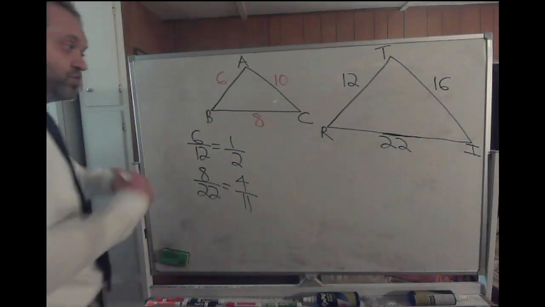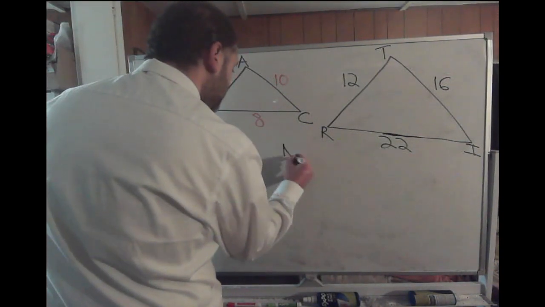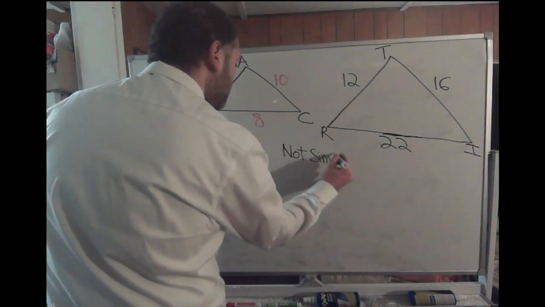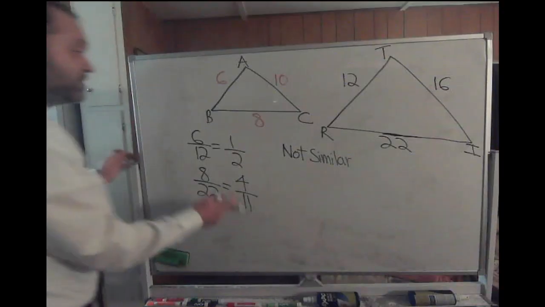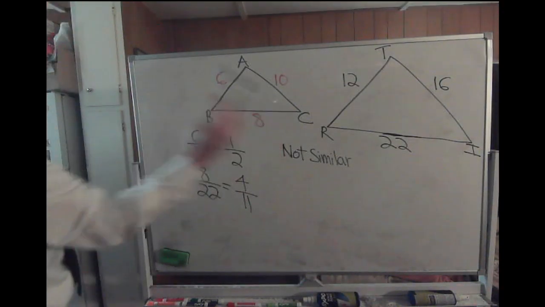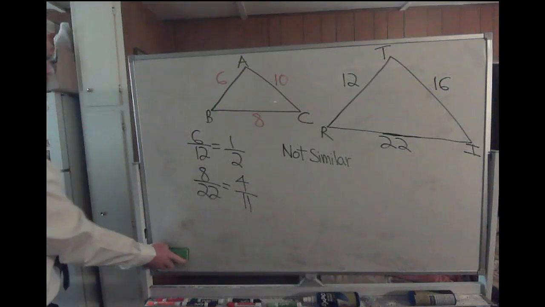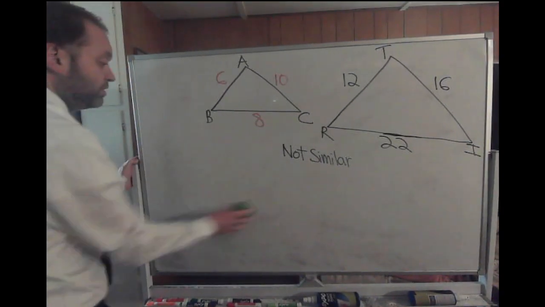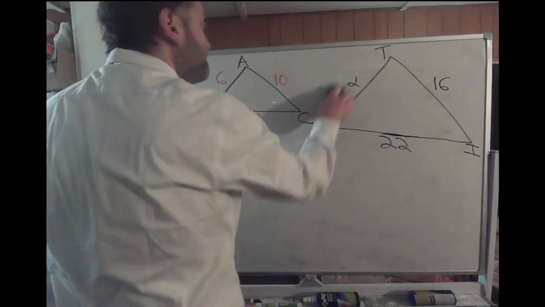They're not in proportion. So they are not similar in this case. As soon as you get a different ratio for different corresponding sides, they're not similar. They all have to have the same scale factor, the same ratio. So that one we can stop right there.